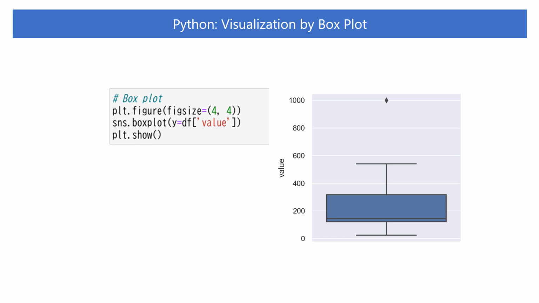Data points that fall outside the range of these whiskers are displayed as dots. These points can be considered outliers. Therefore, a box plot enables us to visualize outlier detection using the IQR method.